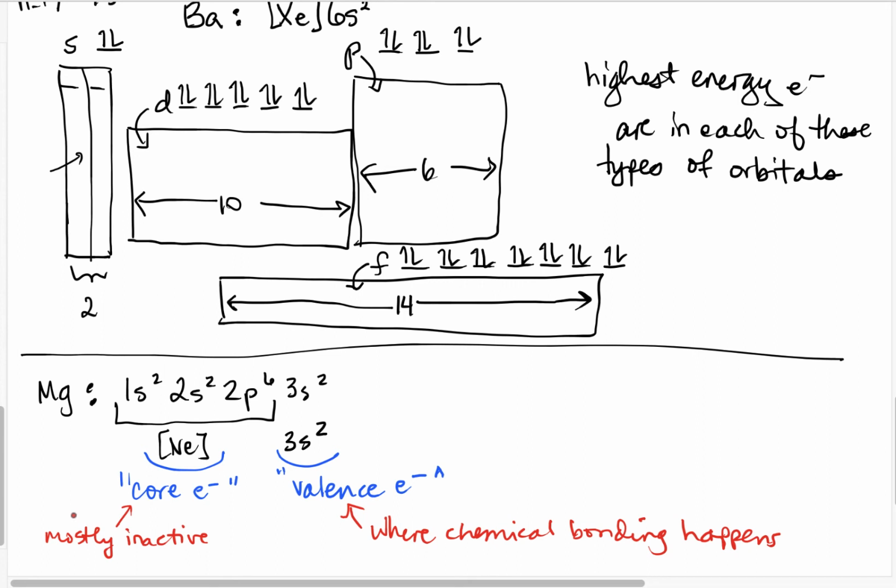So it can be pretty important to be able to distinguish how many core electrons something has and how many valence electrons something has. So look for that noble gas configuration to help you find the core electrons, and then everybody who's left over is going to be the valence electrons. So I think that's enough for right now, and then we'll come back with some additional content in the next one.